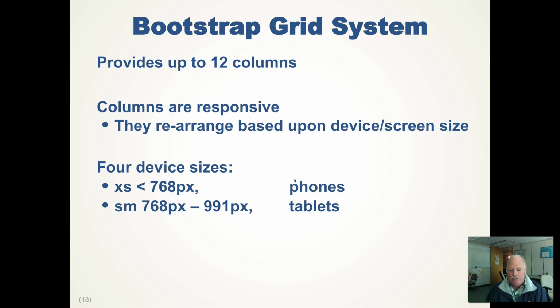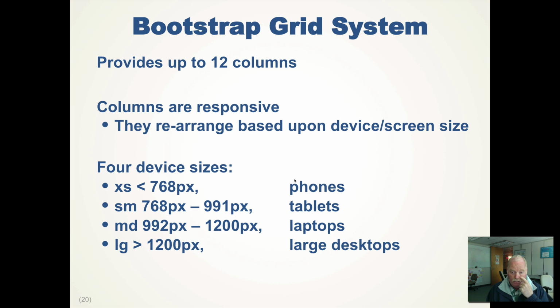That's basically a tablet, iPad, Android tablet. And then between 992 and 1200 is basically considered a laptop, smaller desktops. And then above 1200, you basically have your large desktops or your large monitors. So the grid system allows you to decide when the columns will go from laid out horizontally to being laid out vertically, on top of each other.